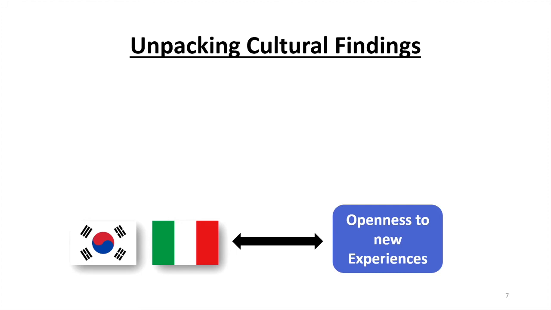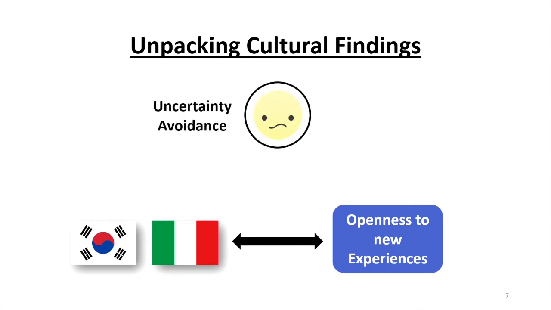One thing we might turn to is theories related to different systems of beliefs or values. We might look at uncertainty avoidance as a value and see if these cultures vary in uncertainty avoidance. And what we might find is, oh, maybe in Italy, people have a lower threshold on this. They're more open to new experiences because they're more tolerant of ambiguity.